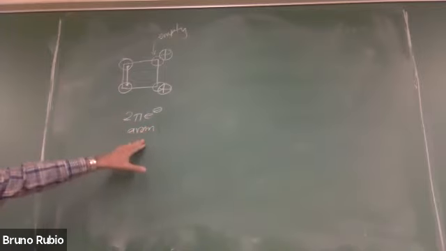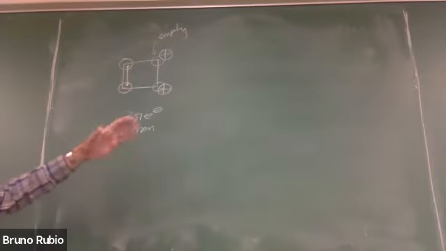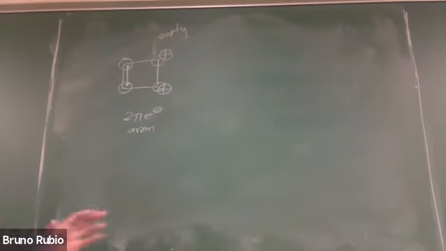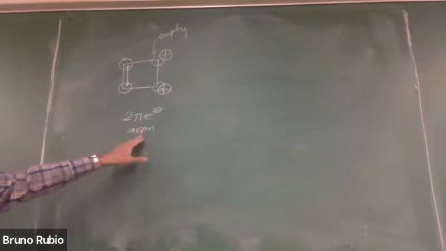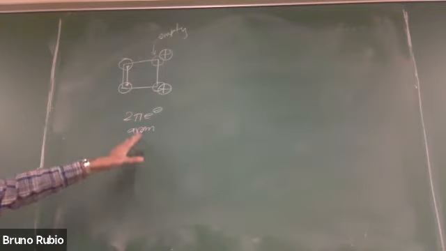But here, the stabilization of aromaticity overwhelms the Coulombic repulsion caused by two positive charges. So this guy, he's a real molecule. He's been synthesized, and he's unusually stable, even though he has those two positive charges next to each other.